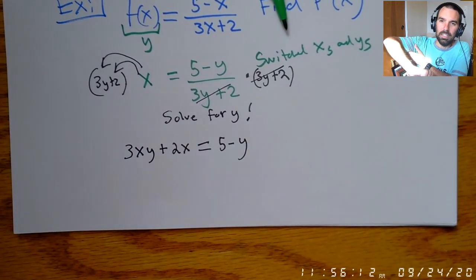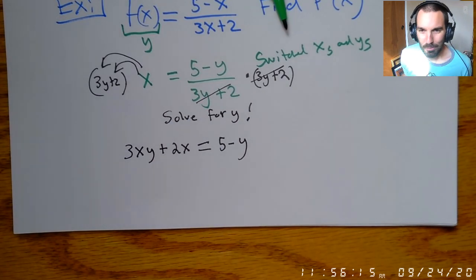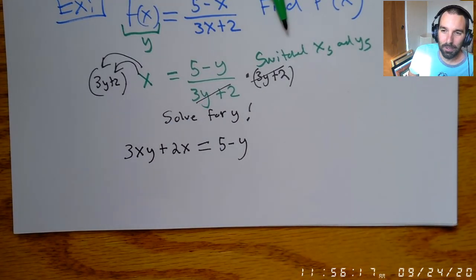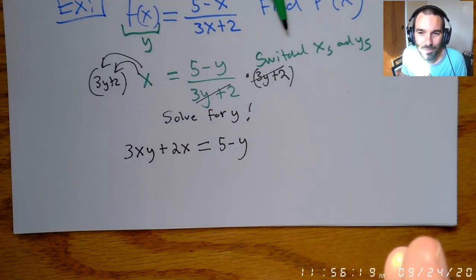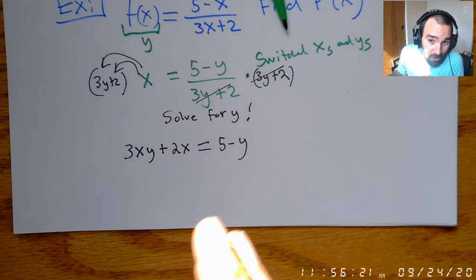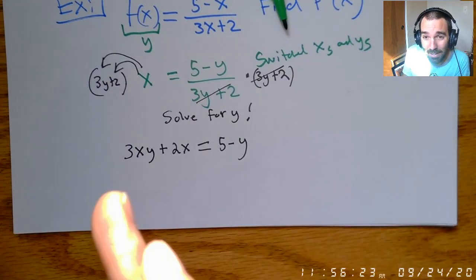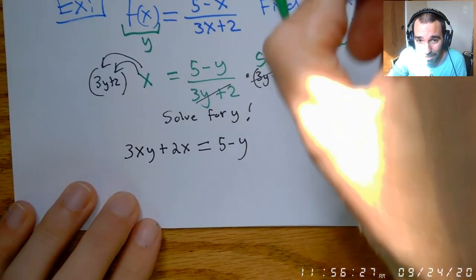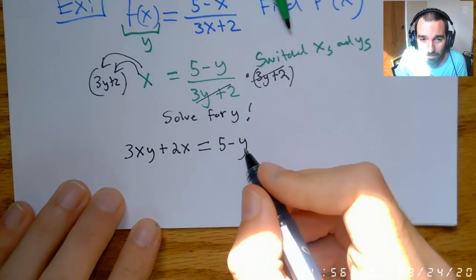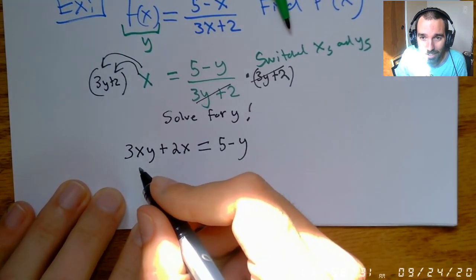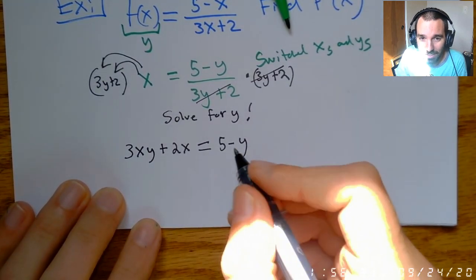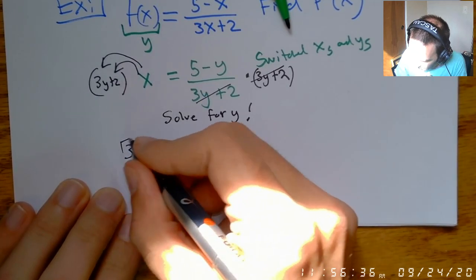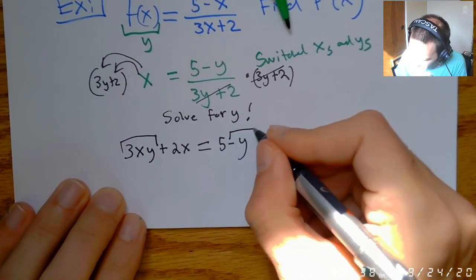Now all these problems are most likely going to be the same. We want to get all of our y's to one side. I feel like an Algebra 1 teacher. I want to get all of my y's to one side, all of my non-y's to the other side. So I'm going to get my y's to the left, and everything else to the right. This term has a y in it, and this term has a y in it.